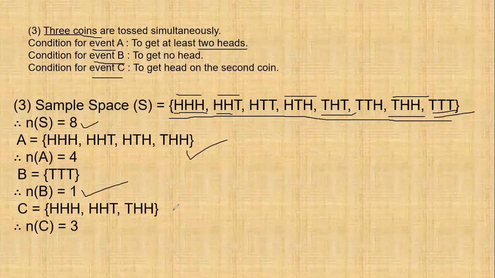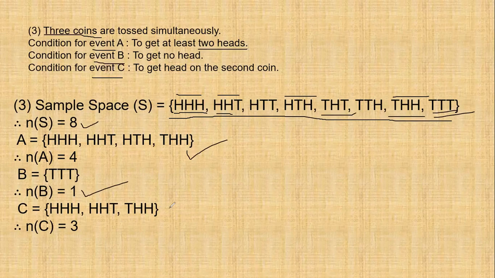That is not written, so you have to write down there THT. One more you have to add in, and so here the number of C is 4.